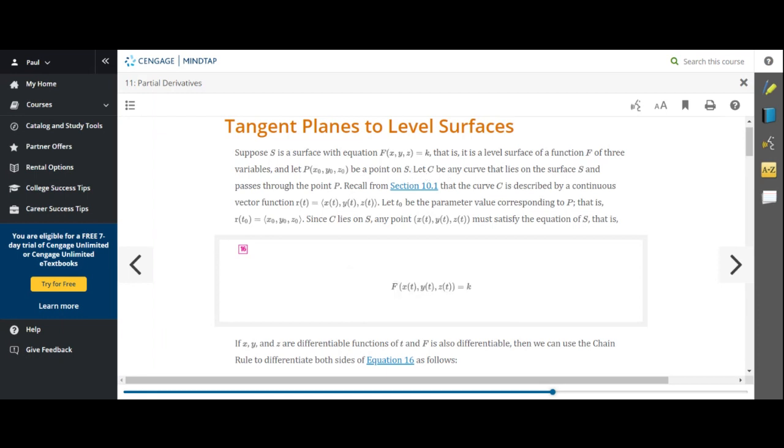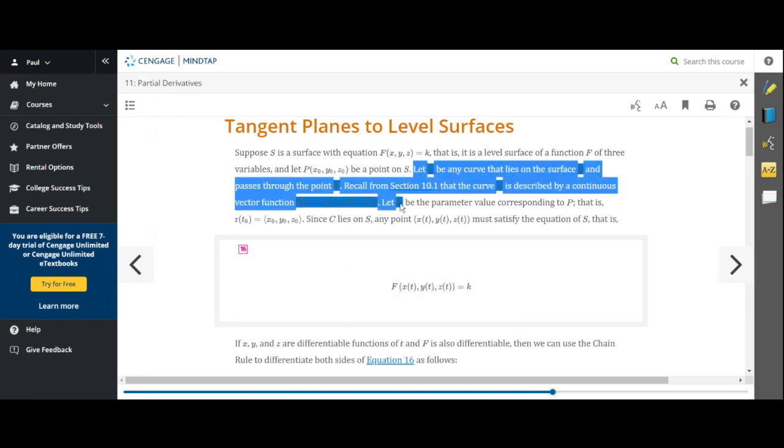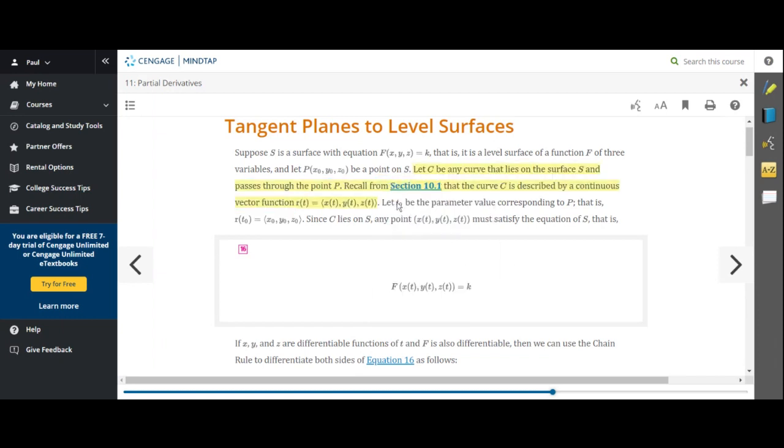This curve C is any curve that lies on the surface and passes through a point on the surface.